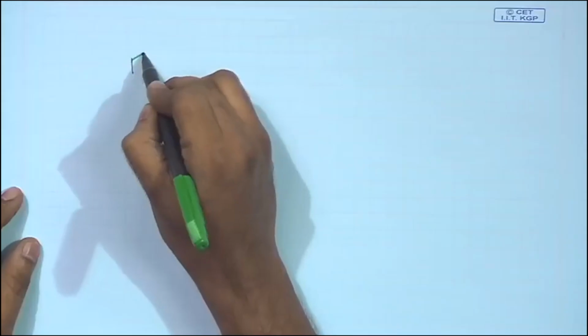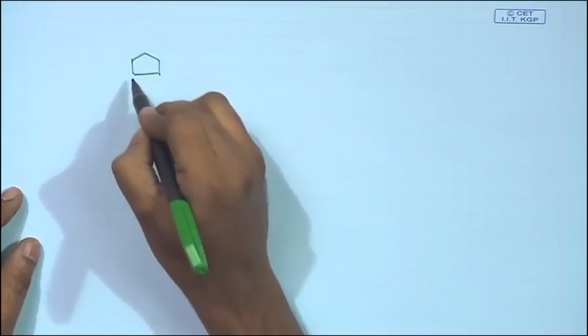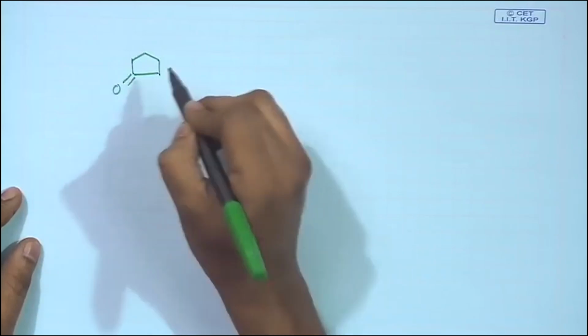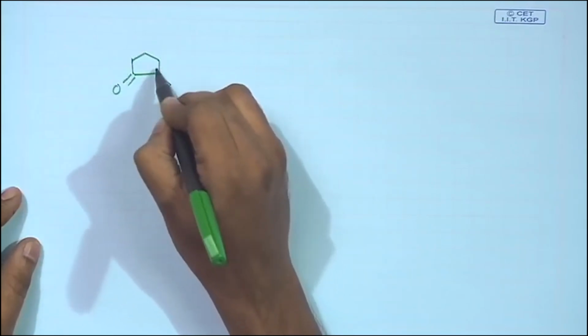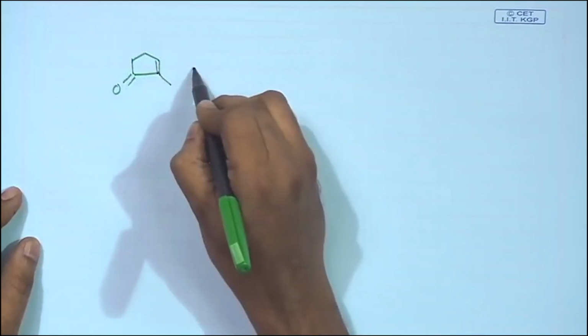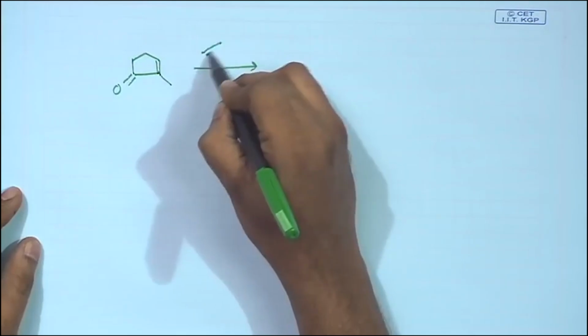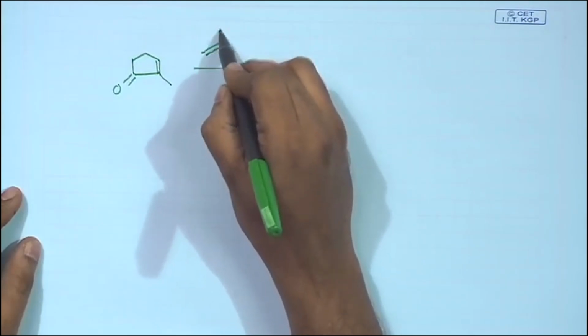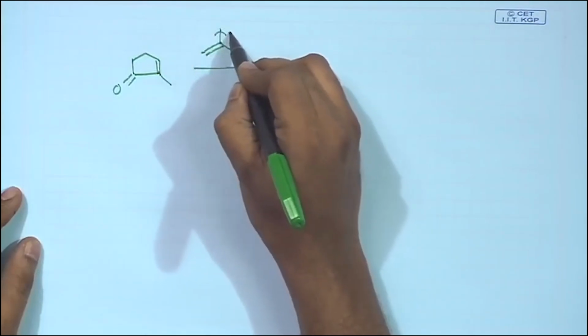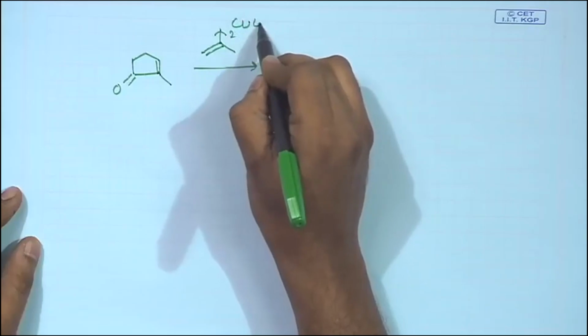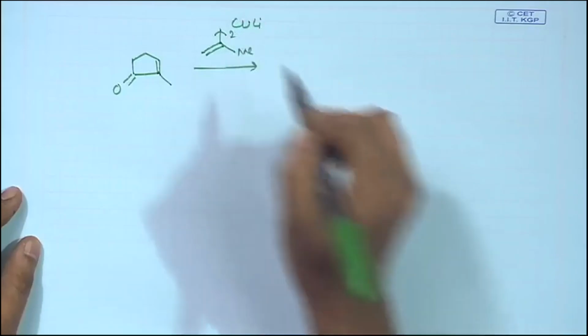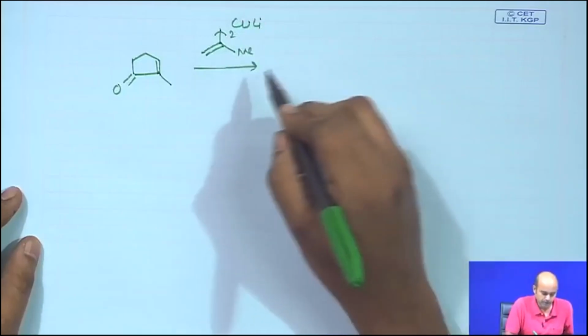So, now let us draw the forward pathway. What do you have? You have this starting material, and you are reacting it with the corresponding Gilman reagent. Okay, it is methyl. Do a 1,4 Gilman.